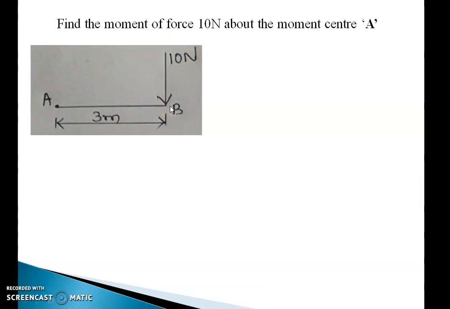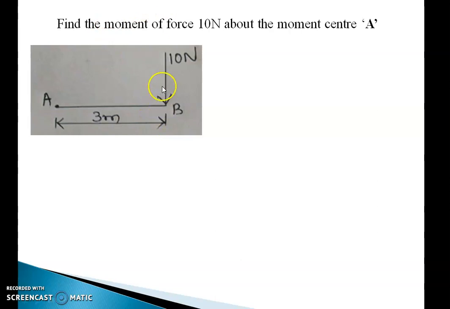As I know, mathematically, moment can be defined as force into perpendicular distance, where the perpendicular distance is the distance from the moment center to the line of action of force.